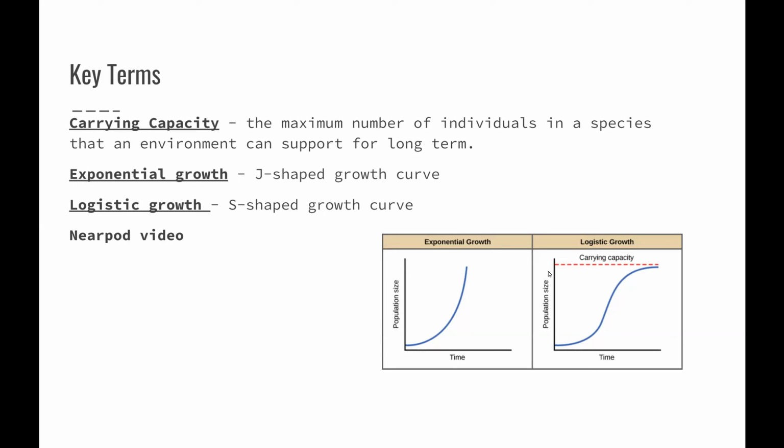And the carrying capacity is the point at which that population growth levels off, because it's reached its maximum. That ecosystem has reached its maximum capacity to sustain growth for that particular species. Okay.